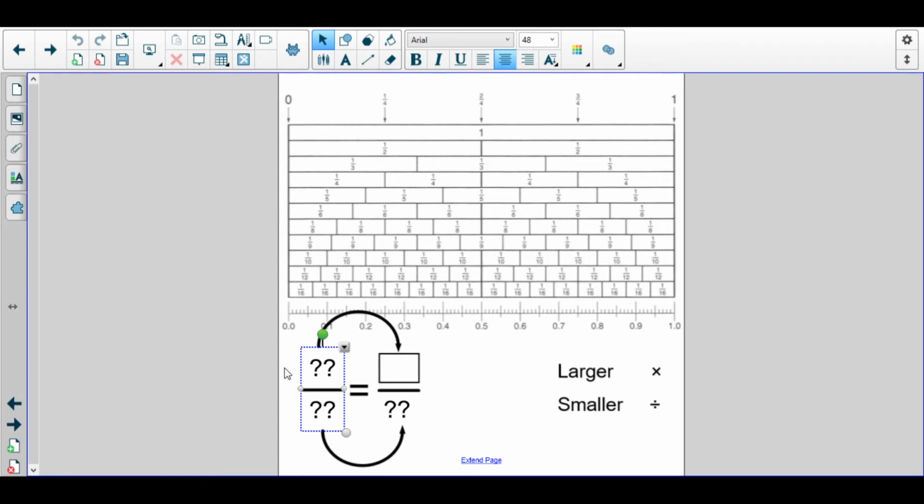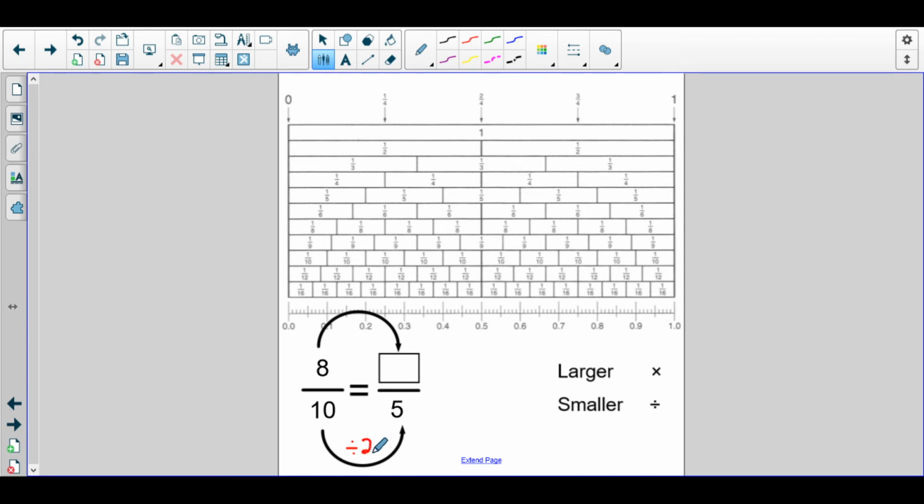Let's go 8/10 is equal to something over 5. So from the 10 to the 5, we got smaller, so we're going to divide. 10 divided by what number gives me 5?